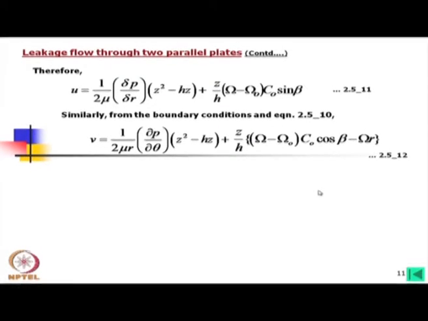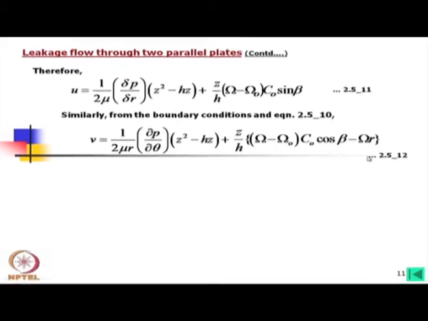Similarly, from the boundary conditions and equation 2.510, the same way we will get this equation for the velocity v in theta direction, which is equal to 1 by 2 mu r del p by del theta into z square minus h z plus z by h into omega minus omega 0 c 0 cos beta minus omega into r.